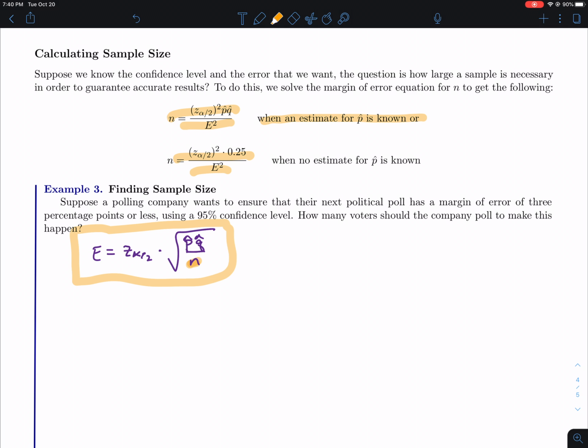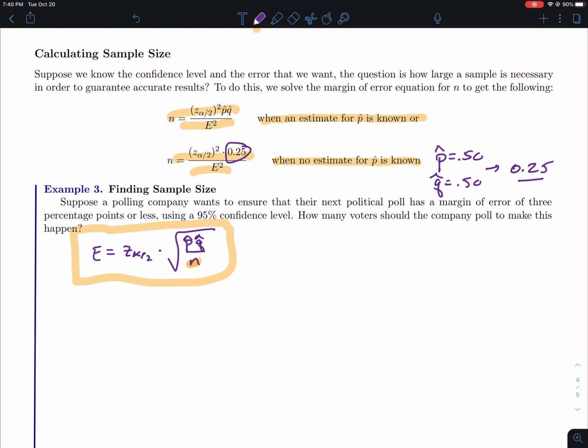The second example, if we don't know what p hat is, then what we're really doing is just estimating and saying, well, let's assume p hat is 50% and q hat is also 50%. And so if I multiply those together, that gives me 0.25. So that's where that 0.25 is coming in the formula.